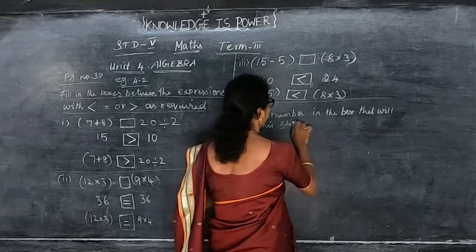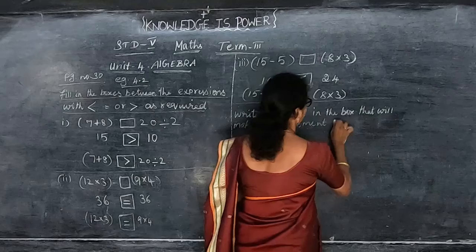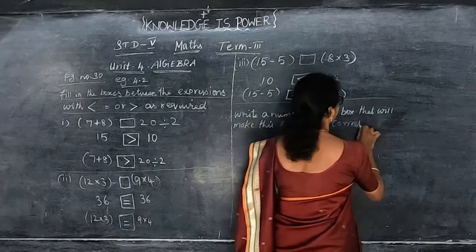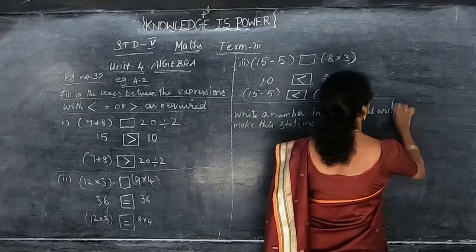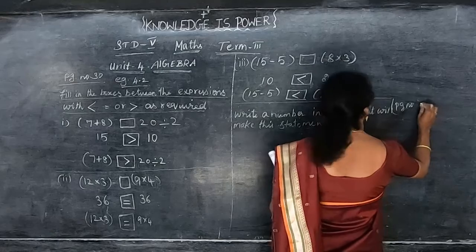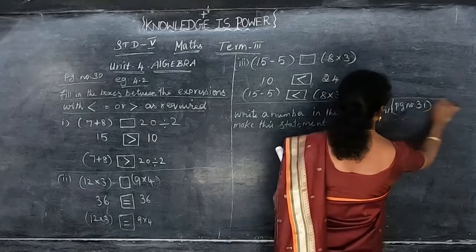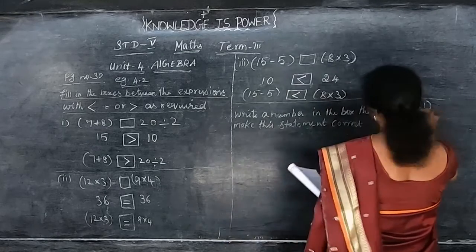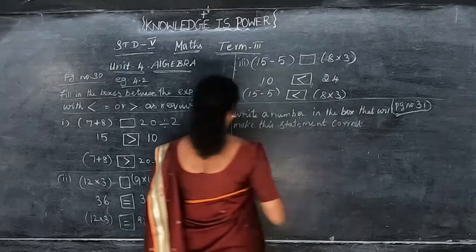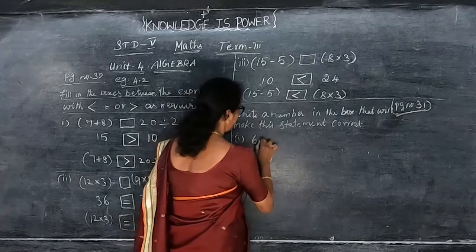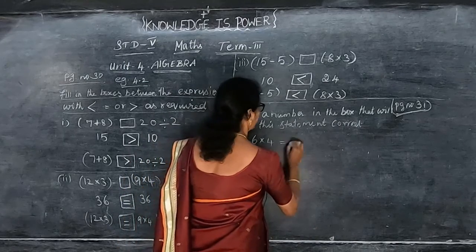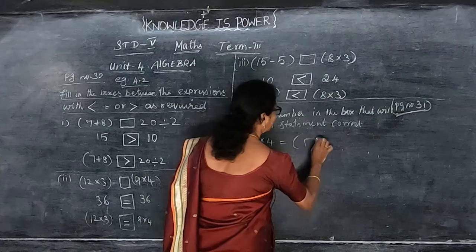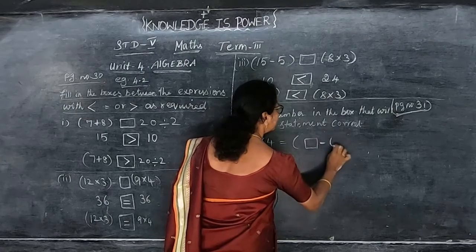So they will ask you whether it is a true or false statement correct. This is from page number 31. Here they have given 6 into 4, that is equal to bracket box minus 6.